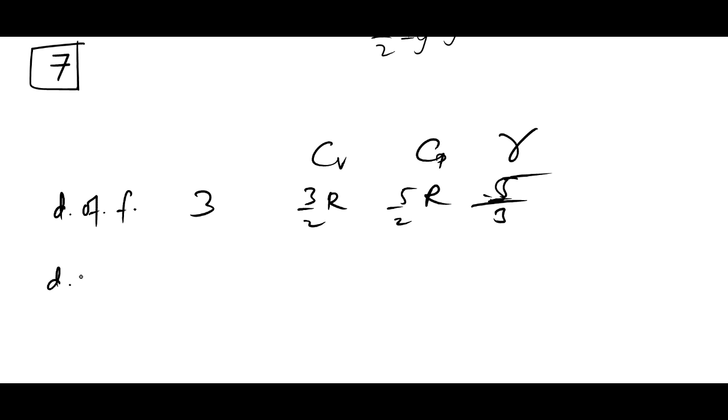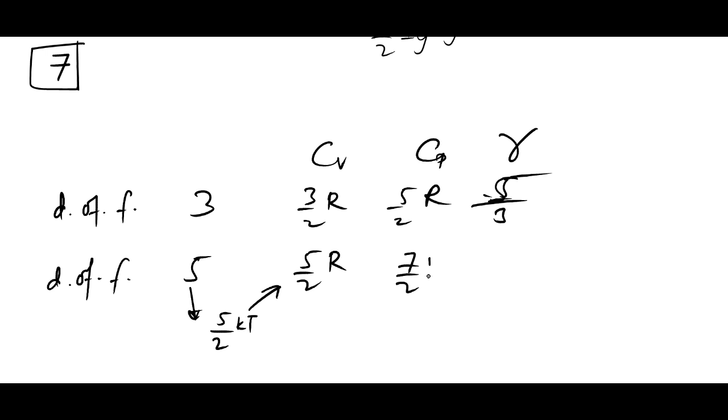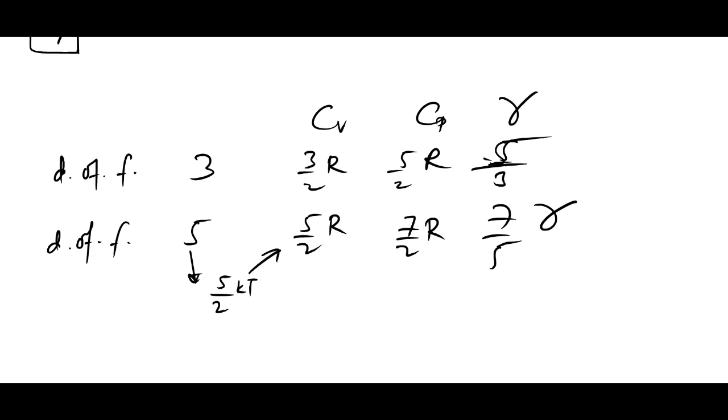On the other hand, if the degree of freedom is equal to 5 for a diatomic molecule like hydrogen or nitrogen, so that's true for moderate temperatures, then the value of Cv becomes 5 by 2 R. Well, it's because the average kinetic energy of a diatomic gas molecule will then be 5 upon 2 into kT, half kT per degree of freedom multiplied by 5, and then you do the same derivation and you get 5 by 2 R as Cv, 7 by 2 R as Cp, 7 by 5 as gamma.